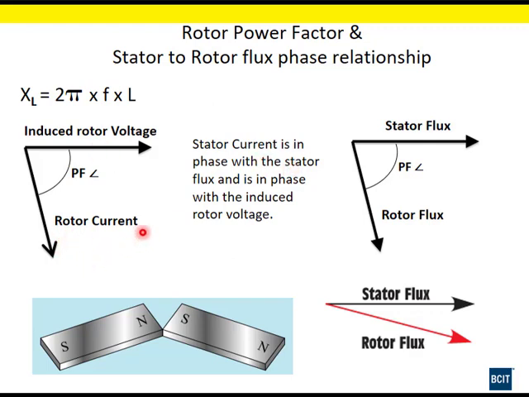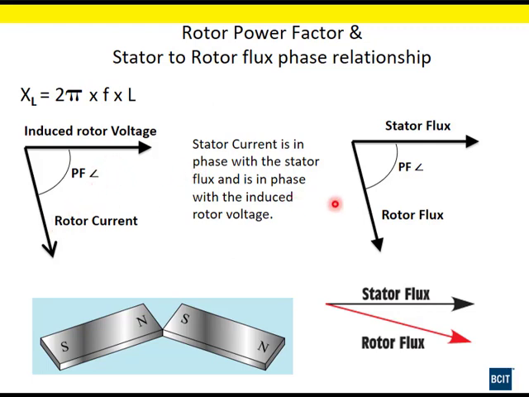Our rotor current is in phase with our rotor flux. So we can safely conclude that the angle between the stator flux and the rotor flux is going to be the same angular relationship as the power factor in the rotor.